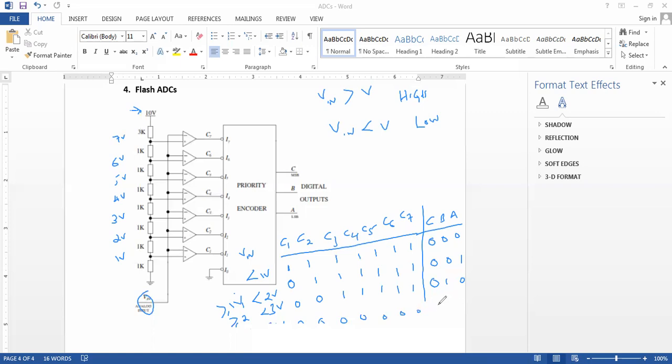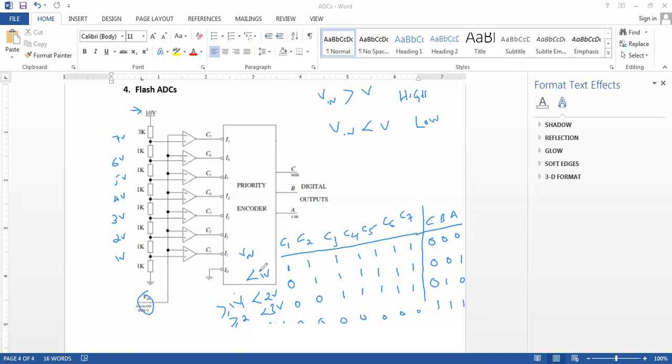And at that point, our digital output will be 1, 1, 1. All the other voltages in between 3 and 7 give us the digital equivalents between 0, 1, 0 and 1, 1, 1. And through that, we are able to obtain the digital equivalent of the analog input voltage using the flash ADC. And that is the operation of the flash ADC in its conversion of analog signals into digital codes.